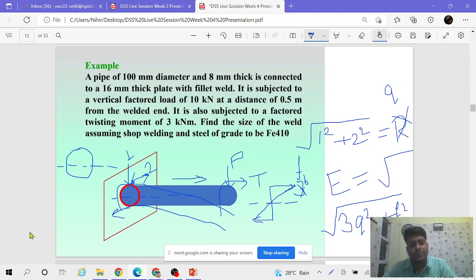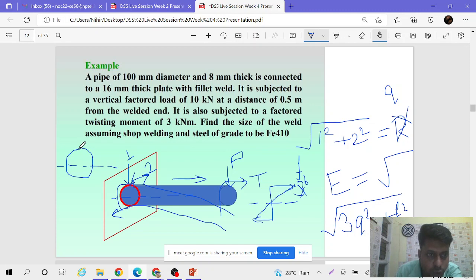Now my doubt is, sir, the direction of the shear stress in the weld at the 2 points where the horizontal line is meeting the weld. The direction will be downward. Because of this vertical load P, this weld, this circle, is of infinite number of points.